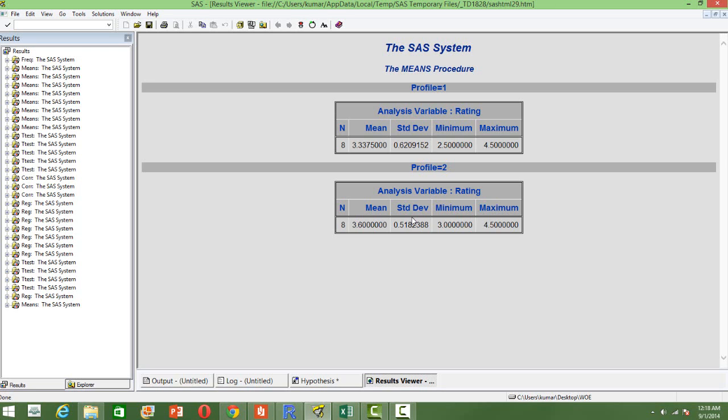So the variation in the rating for profile 2 employees is not much. So is it true? Can we conclude whatever we discussed now, that the variation in the rating of profile 1 employees is greater than that of profile 2? We cannot say that. For these things, we need to do hypothesis testing.